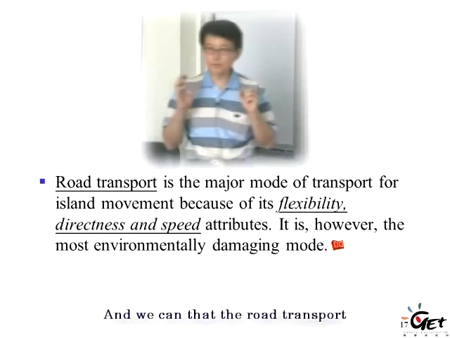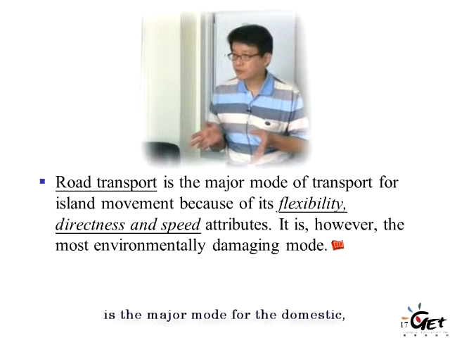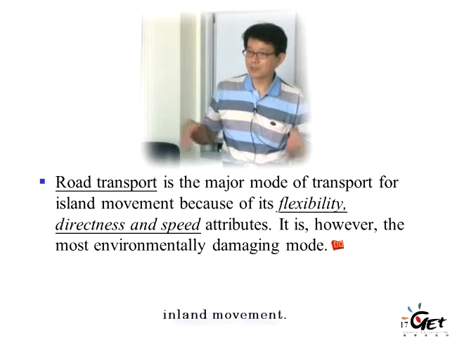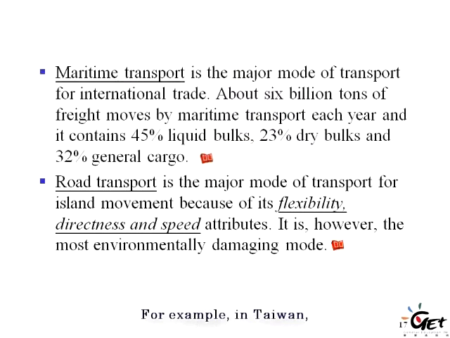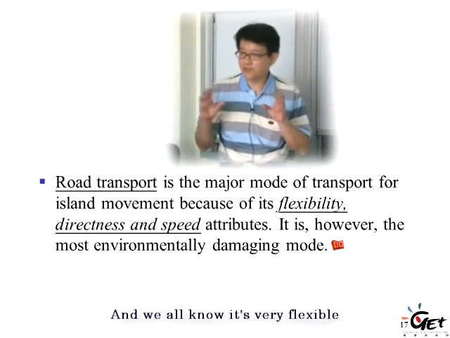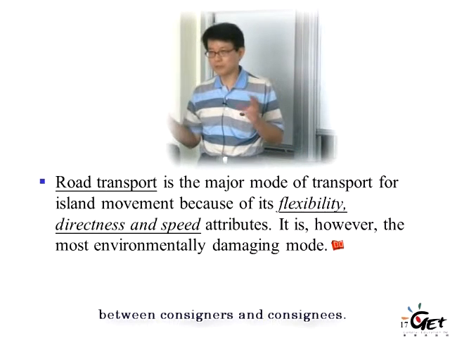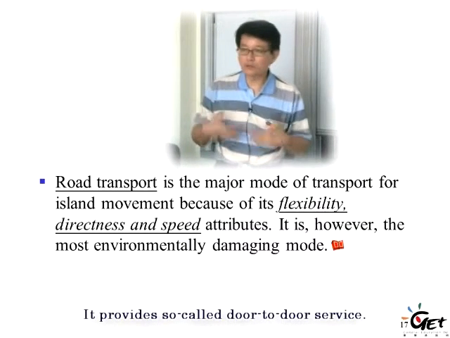And road transport is also very important. We can say that road transport is the major mode for domestic or inland movement. For example, in Taiwan, of course, road transport is the number one transport mode used inside Taiwan. And we all know it's very flexible because it can provide direct links between consignors and consignees, providing so-called door-to-door services.